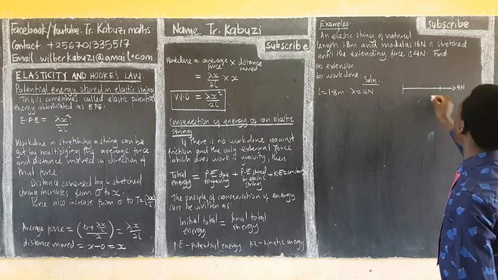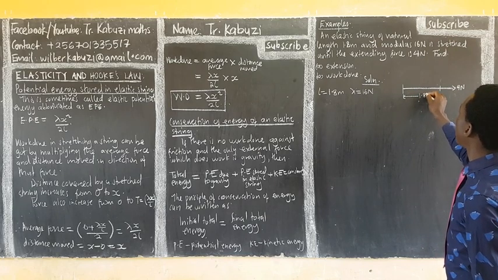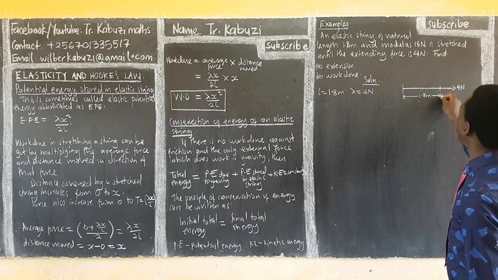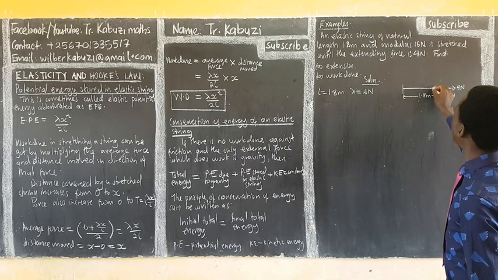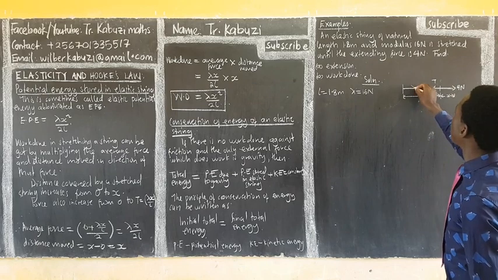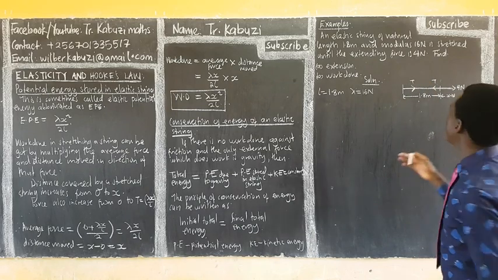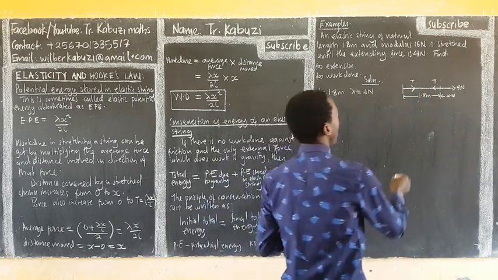The string has natural length 1.8 meters, and the stretch we've made is x. Now the tension acts in that direction, and when the extending force is there, it has reached equilibrium.